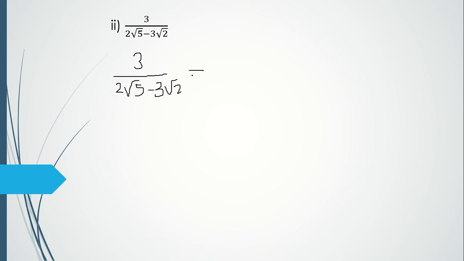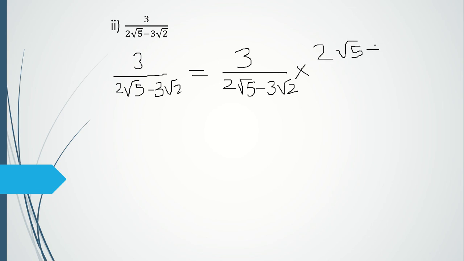You have to multiply its numerator and denominator by its conjugate, plus 3 root 2. Multiply numerator and denominator by its conjugate. Conjugate means just change the sign.